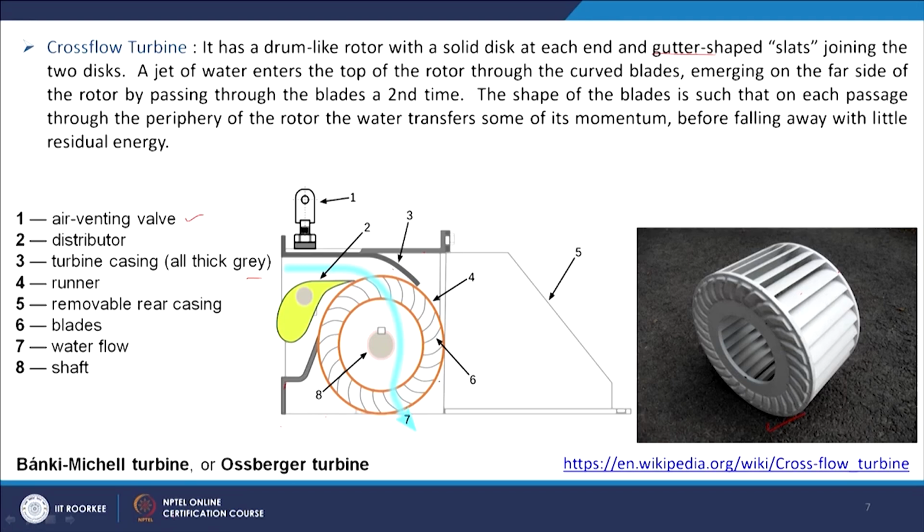Then 5 is the removable rear casing, and these are the blades which are attached to this runner. The water flow enters here and goes to this side. This is very important: the water comes and moves through the blades, and again moves through the blades. It goes that way, and then there is our shaft.